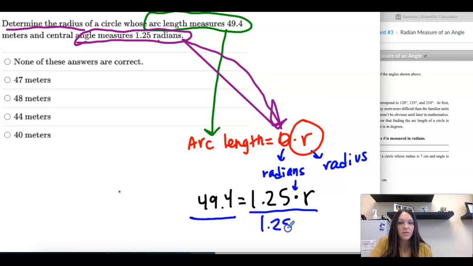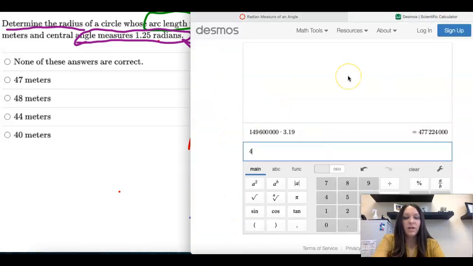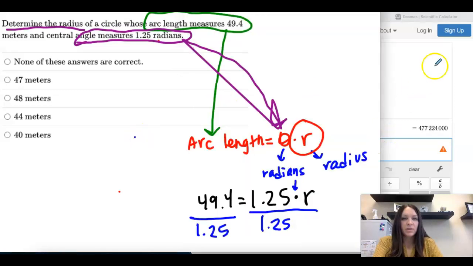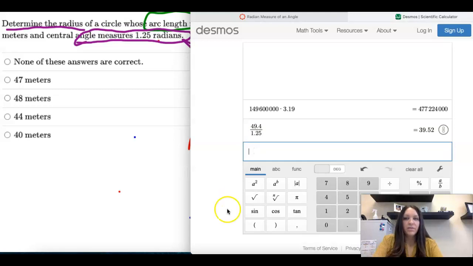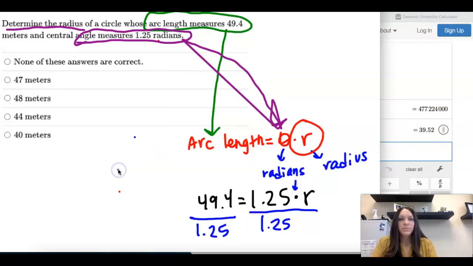So we're going to divide both sides by 1.25. 49.4 divided by 1.25 is 39.52. And we're going to round up to 40.